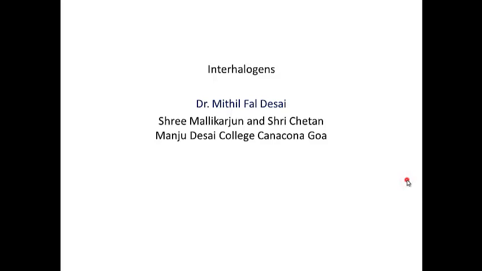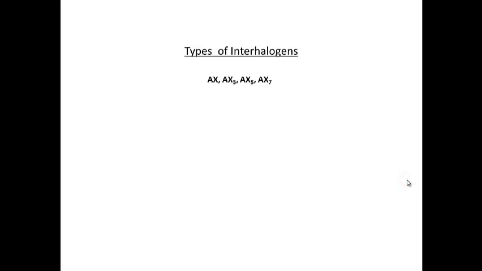The interhalogen compounds are divided into four major categories. AX type, where A is one halogen and X is the other.